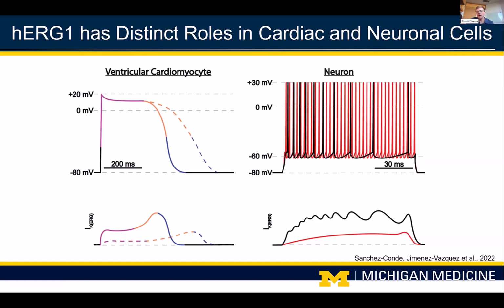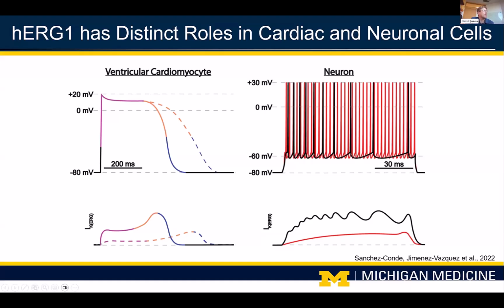In a ventricular myocyte, where your action potential can be up to 400 milliseconds long, depolarization is long enough to have a very large number of HERG channels open during that time course. And so that population of channels will open and then drive repolarization of each individual action potential.